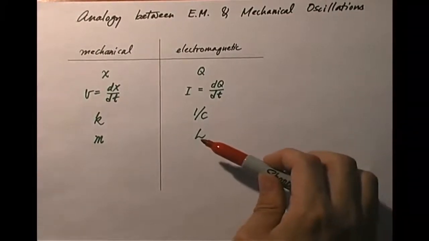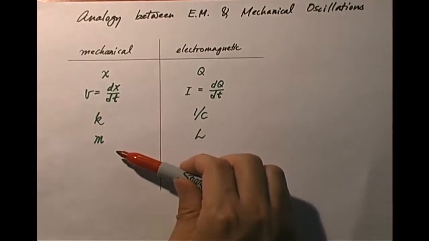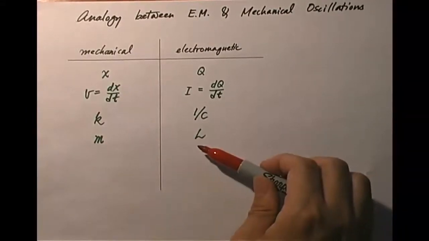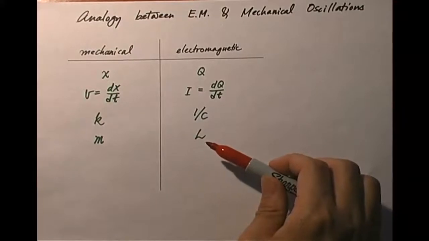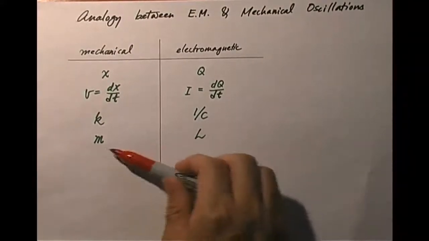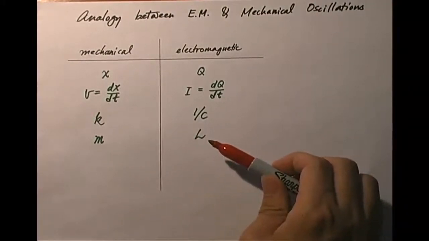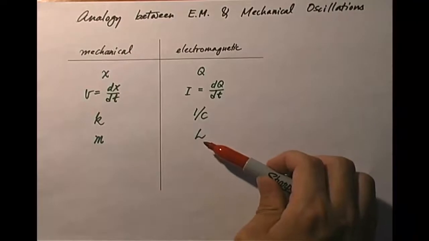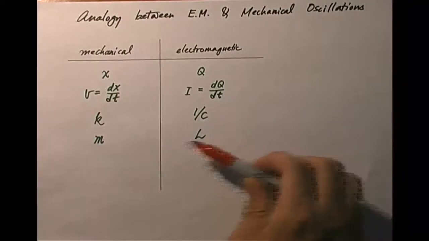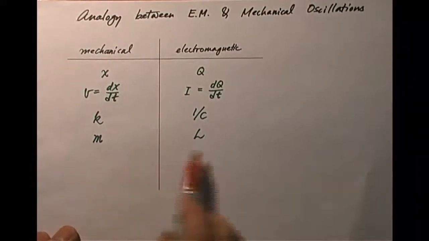So, a large M means it is difficult to cause an acceleration, or dV dt. A large L means it is difficult to change the current, in other words, to cause di over dt. That is why M and L correspond to each other. Okay? And we can call L some sort of electromagnetic inertia, just like M is the measurement of inertia. So this correspondence makes a lot of sense.